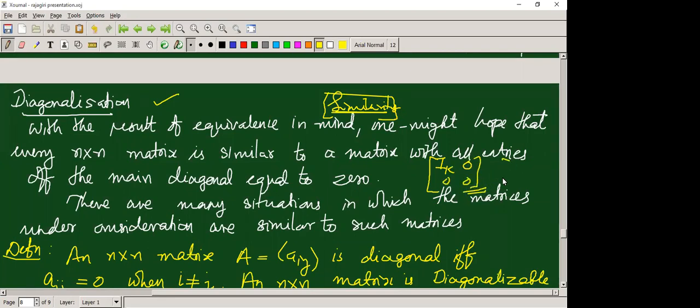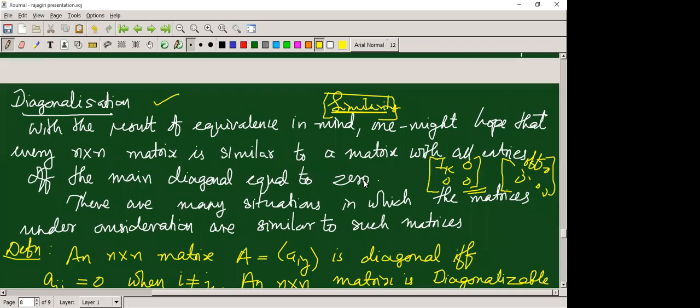So what is the specialty of these matrices? All the off-diagonal elements are 0.